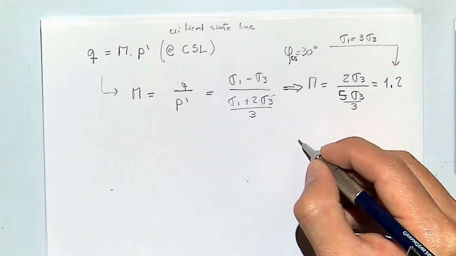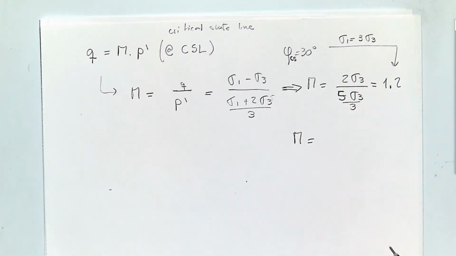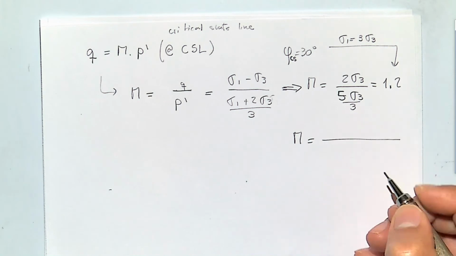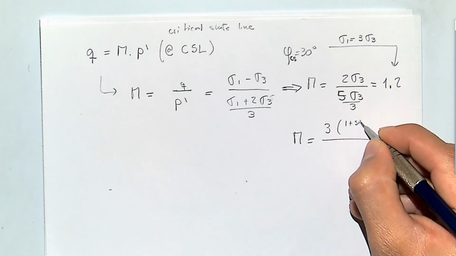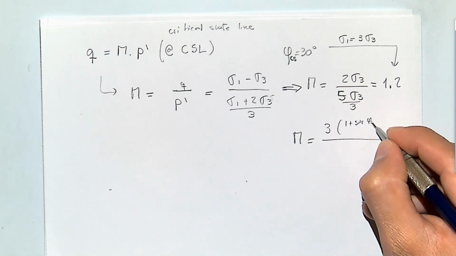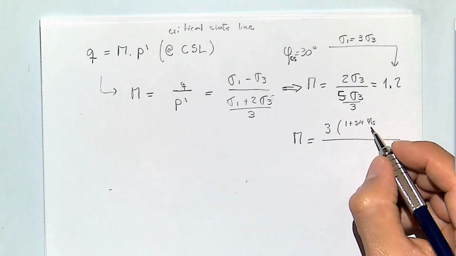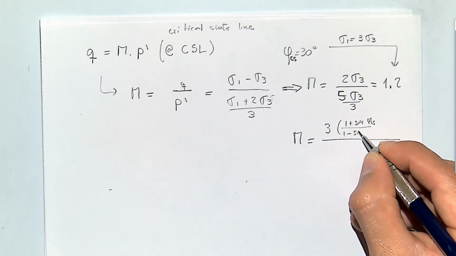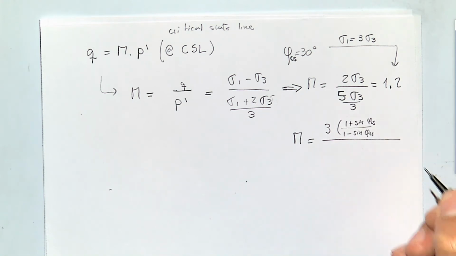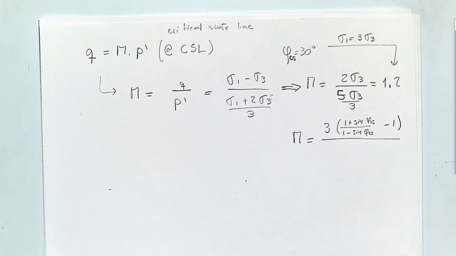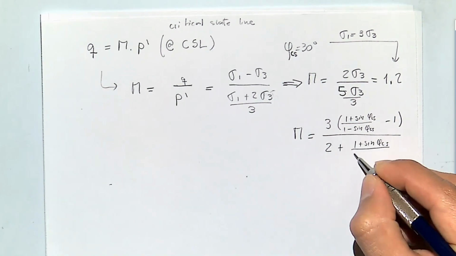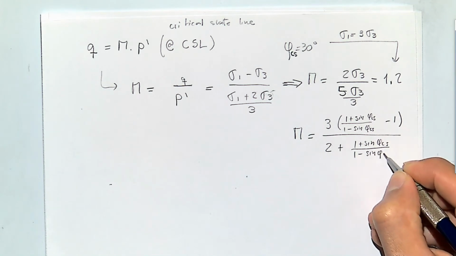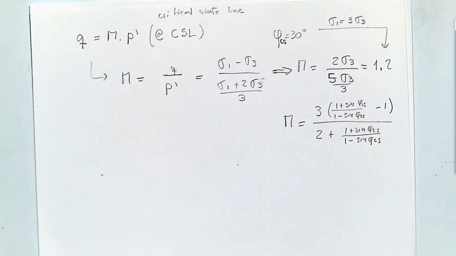In general, M is going to be equal to 3 times (1 plus the sine of the critical state friction angle) over (1 minus the sine of the critical state friction angle) minus 1, times 2 plus this. And that's going to be the general equation.